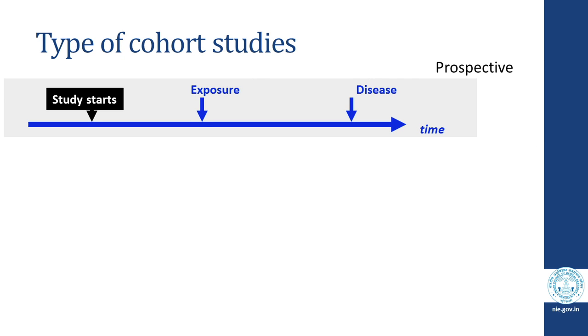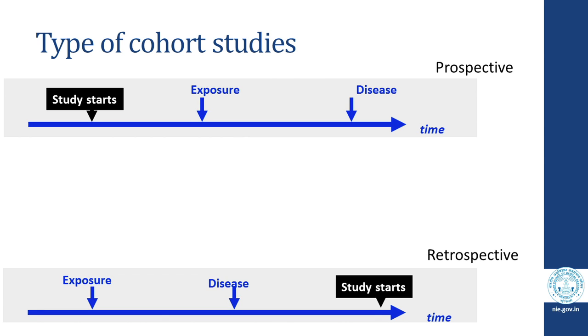There are three types of cohort studies. The first is prospective cohort study. In the prospective cohort study, by the time your study starts, exposure and disease have not yet occurred. Whereas in case of your retrospective cohort study, both exposures and disease have already occurred when you start the study.